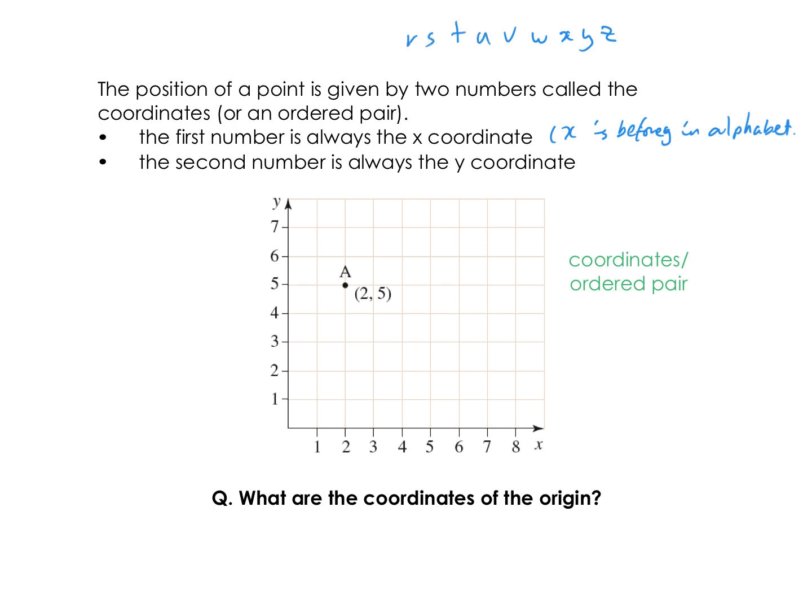It's always hard remembering the alphabet. But if we have a look, x is before y. So we put x first. So x coordinate, then y coordinate, because that's how they are in the alphabet.